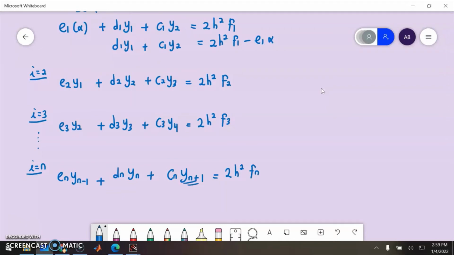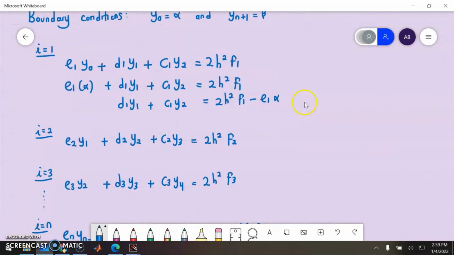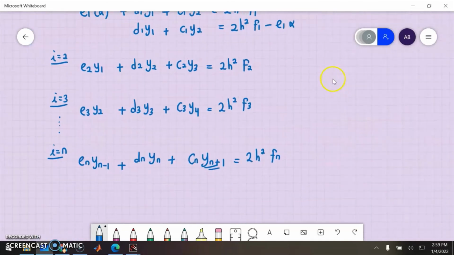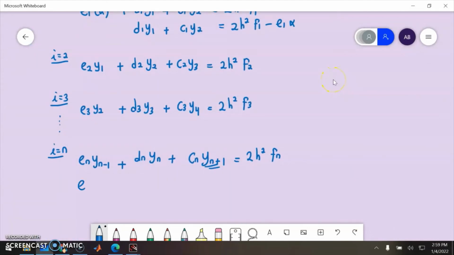Now what is Yn plus 1? It's my beta here. So I can simplify this: En Yn minus 1 plus DnYn plus Cn beta equals 2H squared Fn.